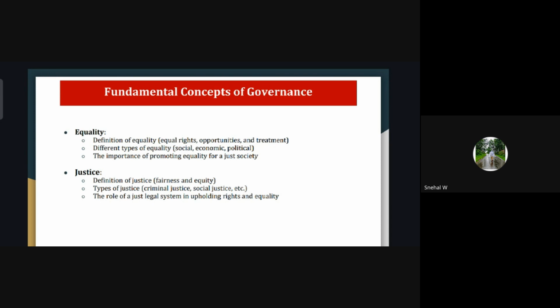Again, law says that we should have equality, right? Economic equality. But in reality, altogether we have a different scenario. There is a huge gap between rich and poor, right? So this is also against, we can say, the notion of law. Law is expecting equality, but that is not realized so far.